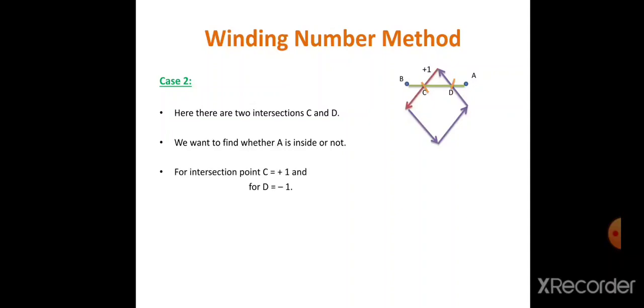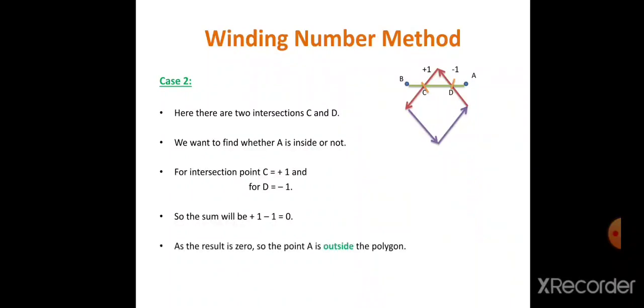If the line is drawn from below the line AB and ends above the line AB, so, for this second one it is starting from below the line AB and ends above the line AB. In that case we are considering it as a -1. So, for C we are having the value +1 and for D we are having the value -1. So, I will take the summation of this, +1 -1 will become 0, and if the summation is 0 then we can say that the point is outside the polygon.